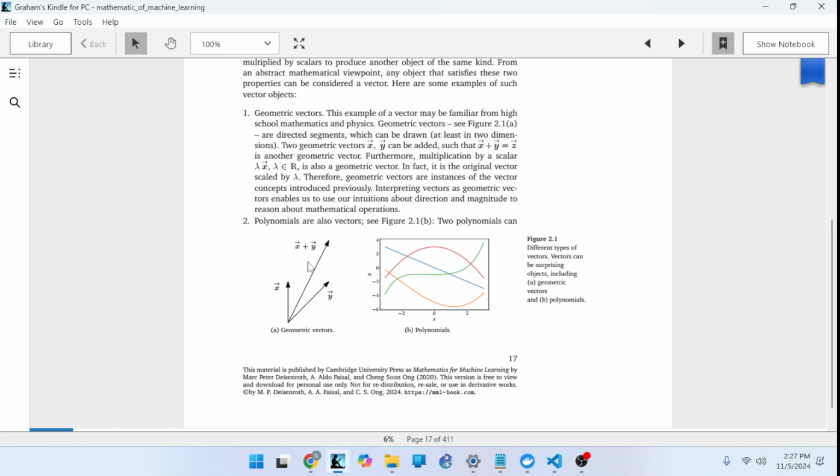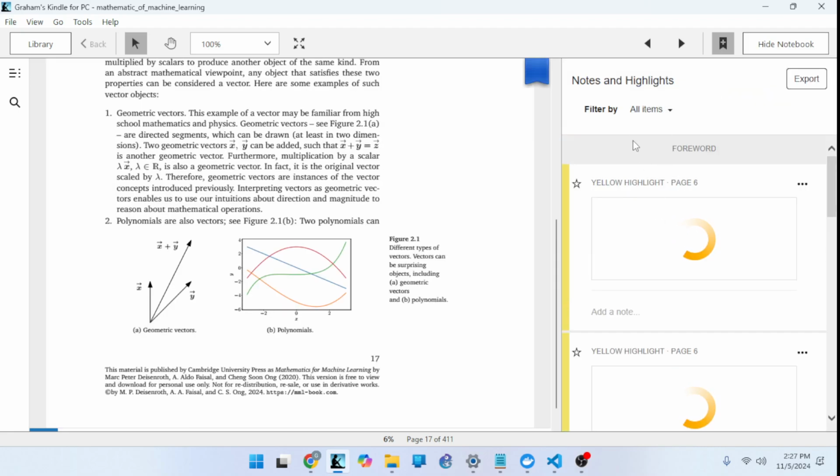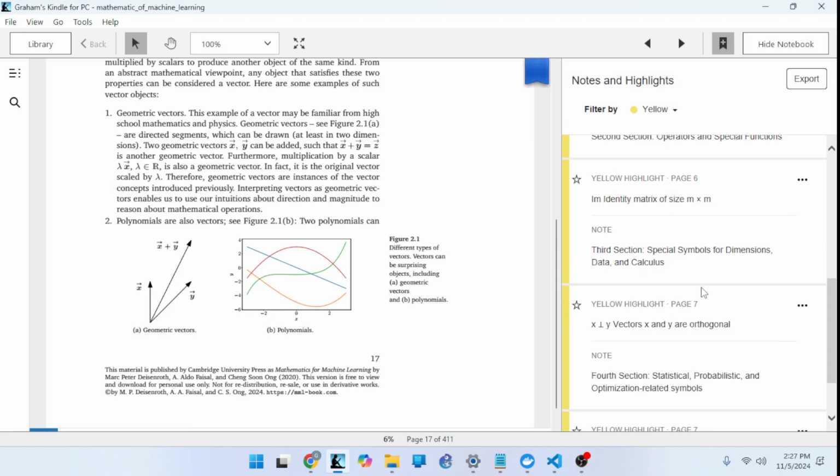Furthermore, multiplication by a scalar, that's lambda times vector X, and remember we have these bookmarked here, so let's make sure that we're not just glossing over these symbols because they're going to be important.